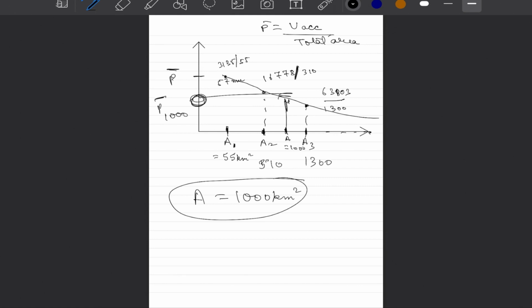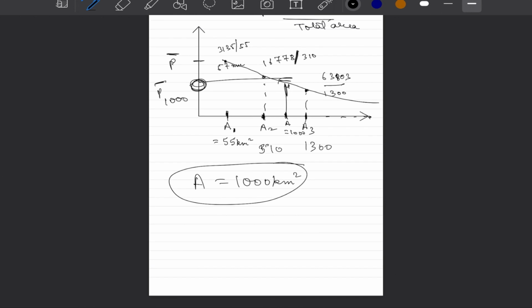And this is the typical use of depth area curves: once we develop these depth area curves for a particular area or for a particular storm, we need not keep on repeating this exercise.